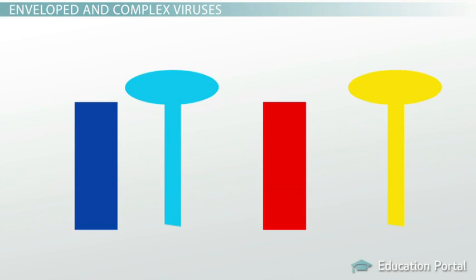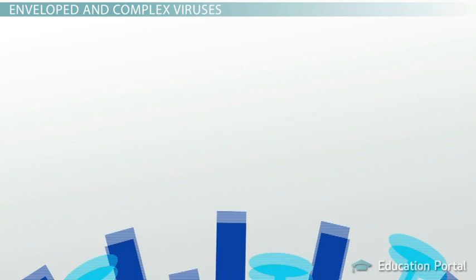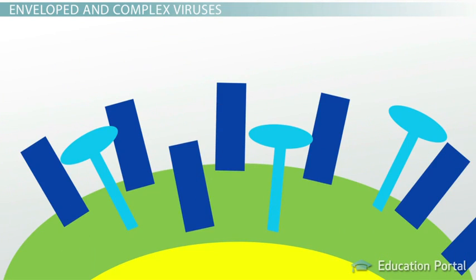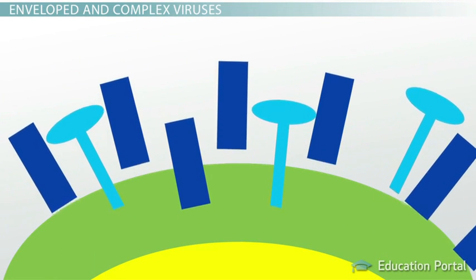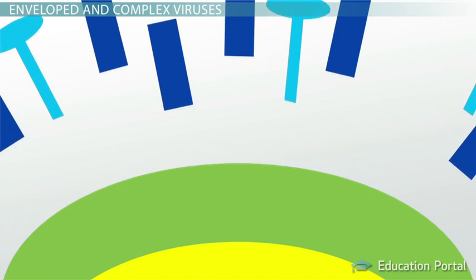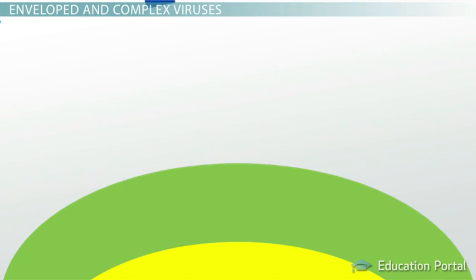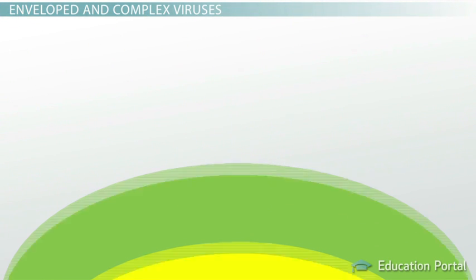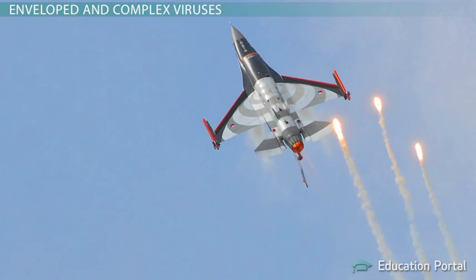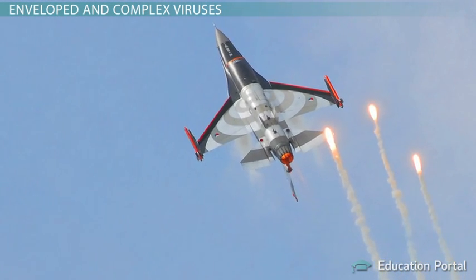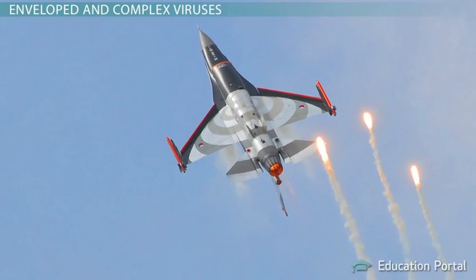There are many different types of glycoproteins, and this type of specificity allows viruses to infect only the cells they need to. In addition, these glycoproteins can literally be shed by the viruses in order to throw the antibodies who are trying to kill them off course. Kind of like when military planes use flares to throw off heat-seeking missiles.